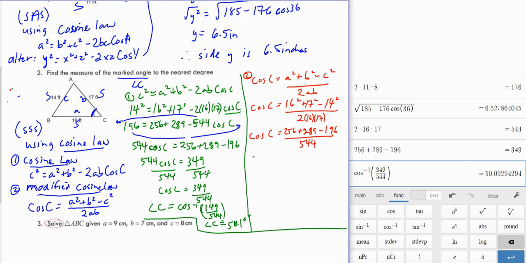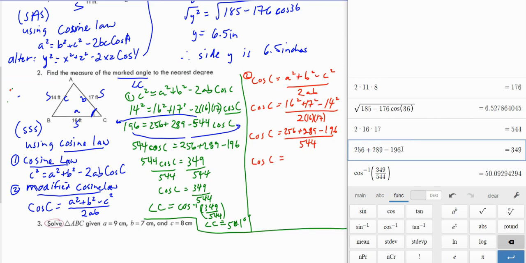Okay, so again, look what we're going to have on this side. It's still right here, see? If I get 256 plus 289 minus 196, I still get 349 on top.